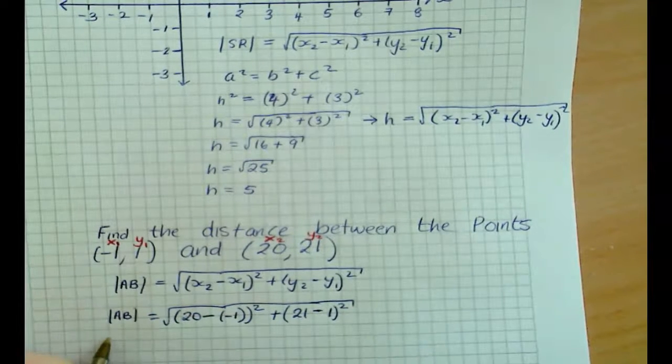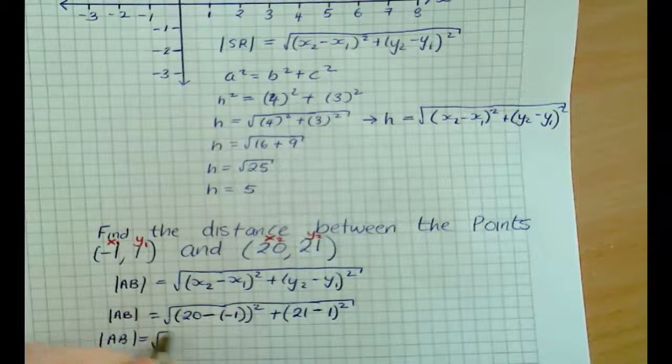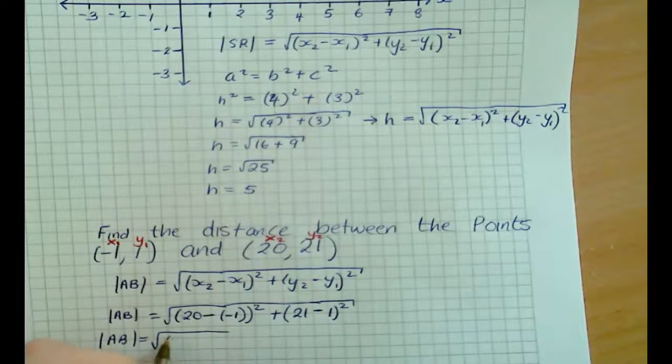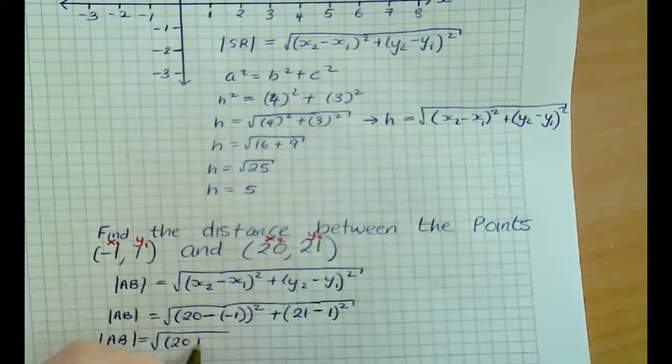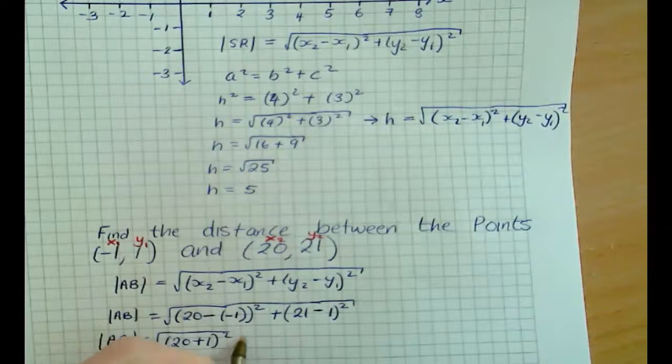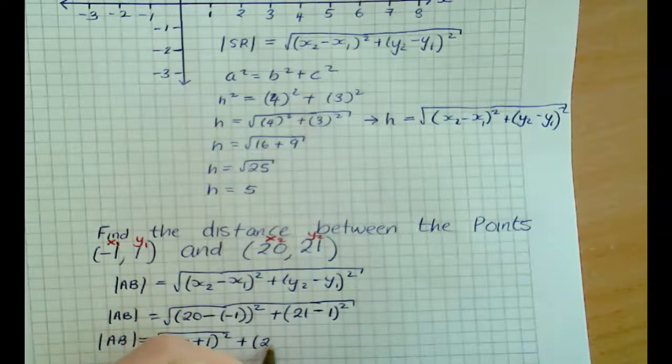Okay, so AB then is equal to the square root of 20 minus minus 1, minus by minus becomes a plus 1, to be squared, plus 21 take away 1 is 20, to be squared.